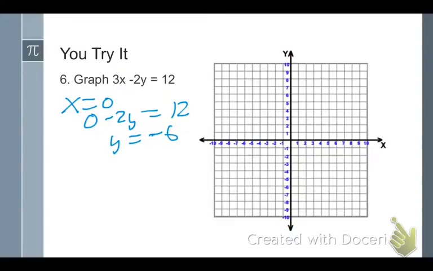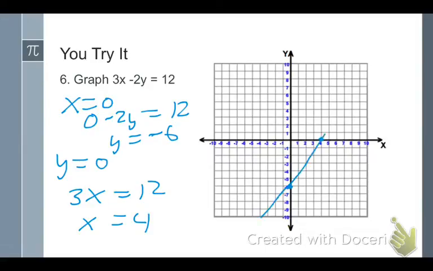So I have the point 0, negative 6. Point 0, negative 6 would be right about here. And then when I let y equal 0, I get 3x. The minus 2y term goes away because it'll be 3x equals 12. And that gives me x equals 4. X equals 4, y is 0 is about there. And that's my line. You should have something like that.